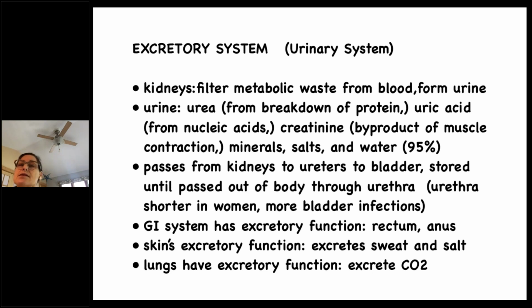Okay, besides the excretory system, the urinary system, the excretory system also has some involvement by the gastrointestinal system. It's got an excretory function. It passes feces out the rectum and anus. The skin has an excretory function. The skin excretes sweat and salt, and the lungs excrete carbon dioxide.